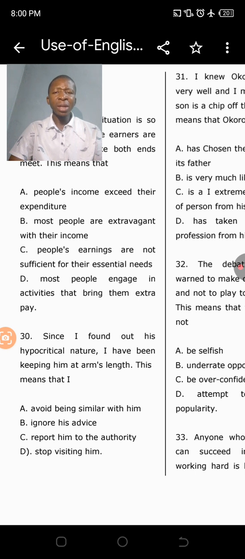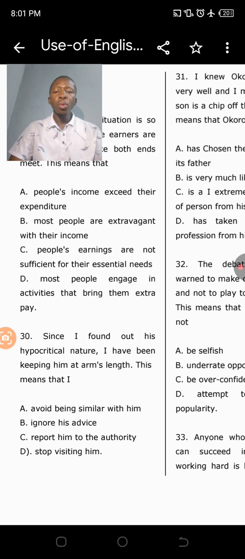When I looked at that word, I believe option A should be familiar, not similar. You tend to find such situations with past questions where some words are not properly captured, there are a few errors, and even sometimes some questions might not actually be correct, and even the answers too may not be the correct answer for the questions given.